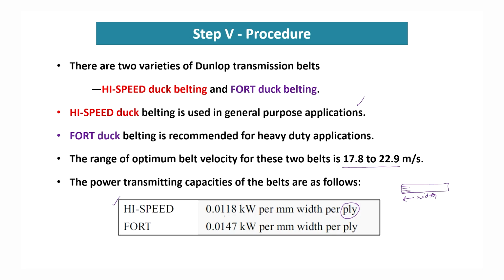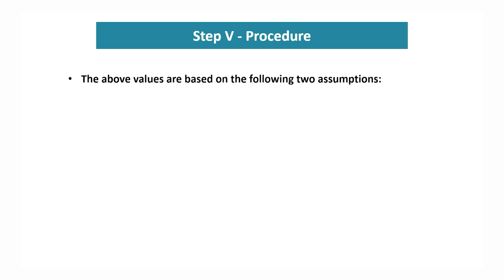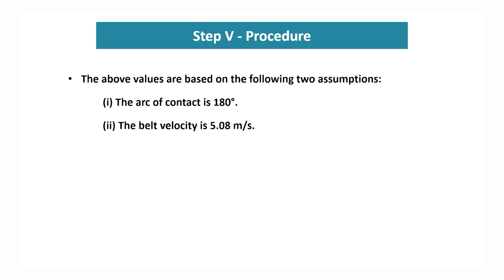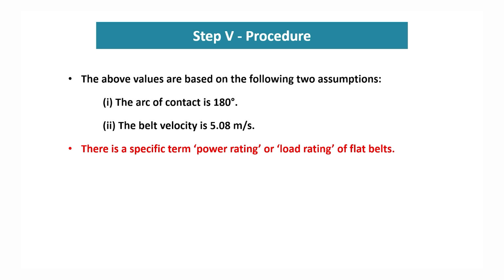The meaning of this 0.0118 means it can transmit 0.0118 kilowatt if the width of the belt is 1 mm and the number of ply is 1. So the above values are based on the following assumptions. The arc of contact is 180, the belt velocity is 5.08 meter per second.